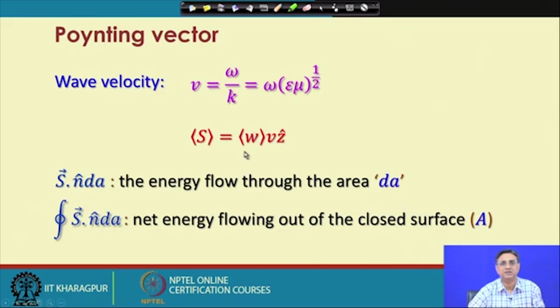That means the average energy associated with both the electric and magnetic field over a distance given by the velocity will be equal. So, S dot n dA, that is the energy flow through the area perpendicular to dA, is represented by this, which will account for the net energy flowing out of the closed surface A.